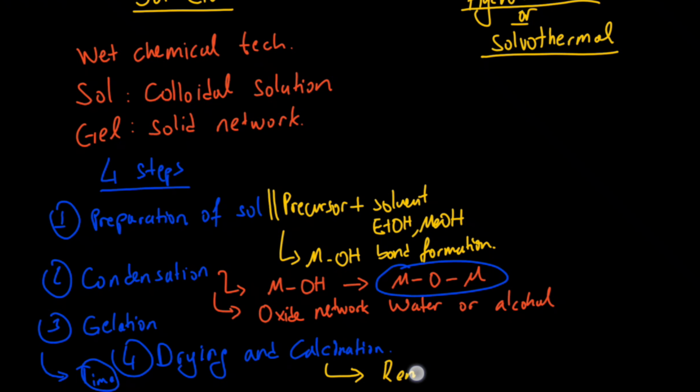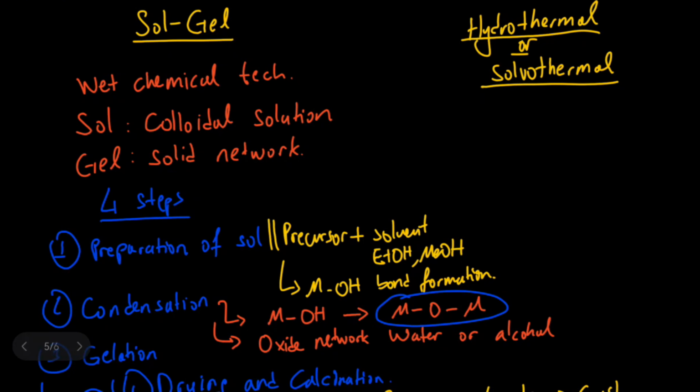So we remove the solvent in this step and then calcinate the sample to remove the organic residues and crystallize the nanoparticles. So we will have a crystallization also in this process.